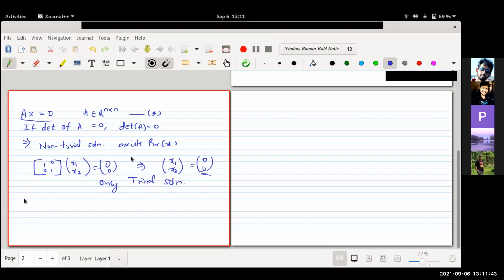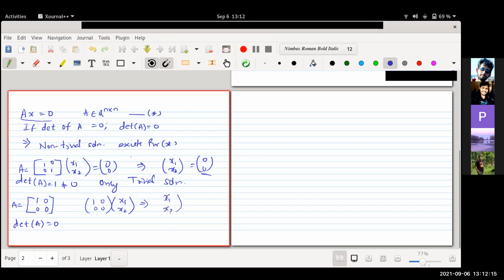Now we are giving an example. Suppose you have this situation. What is the determinant of this matrix? If this is your A, the determinant is not equal to 0. If this is your A, the determinant of A is 0. So for this system, 0, 0, what is the solution?